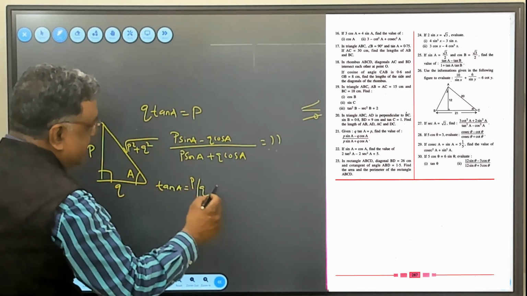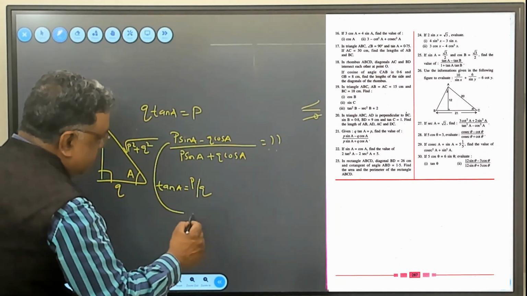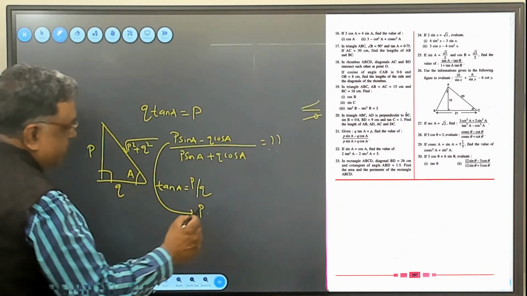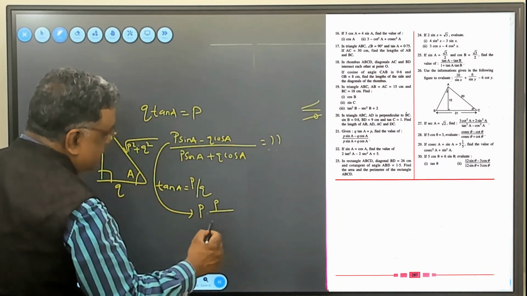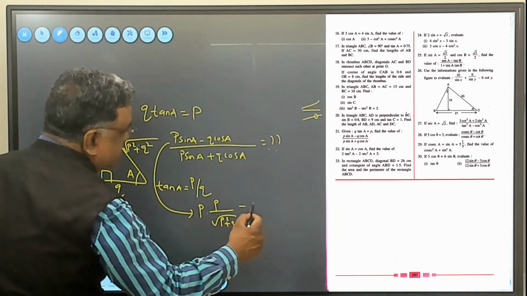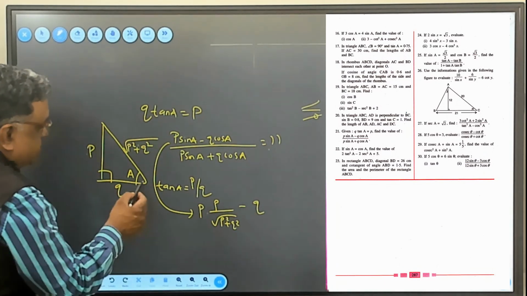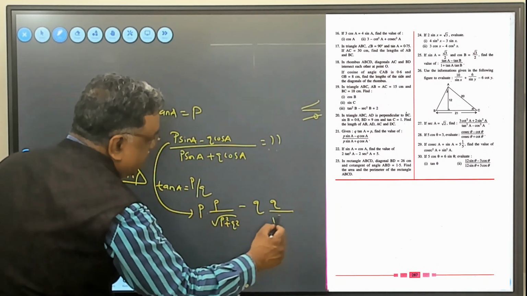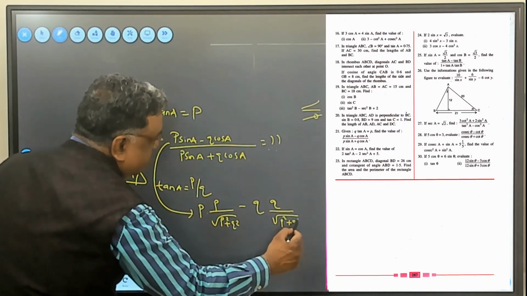So what will be P sin A? In this, I can write P. What is sin A? Sin A is this upon this, that is P upon square root of P square plus Q square, minus Q cos A. Cos A is what? This upon this, that is Q upon square root of P square plus Q square.